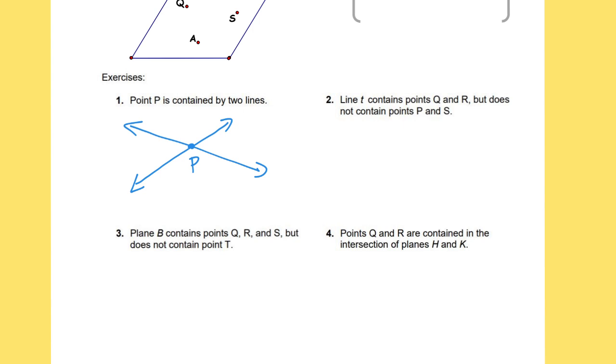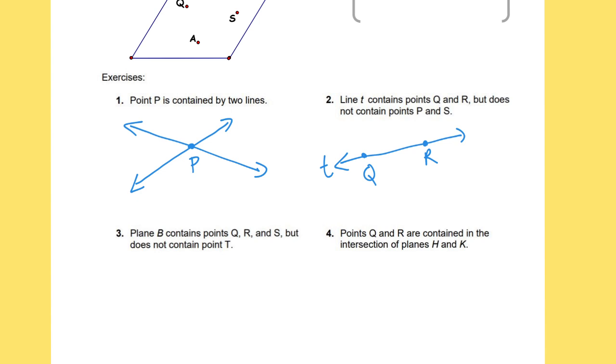Okay, part 2. It says line T contains points Q and R, but does not contain points P and S. Again, every line has infinitely many points on it, but the 2 named points are Q and R. So we have to draw a line. Please use a ruler. Please put arrows on it. Name it line T. Line T contains points Q and R, among other points, but those are the named points.